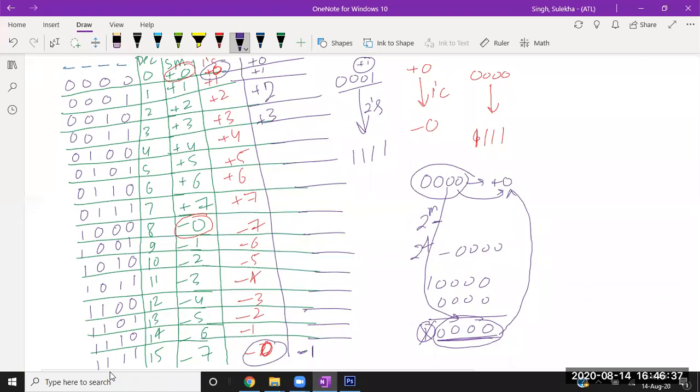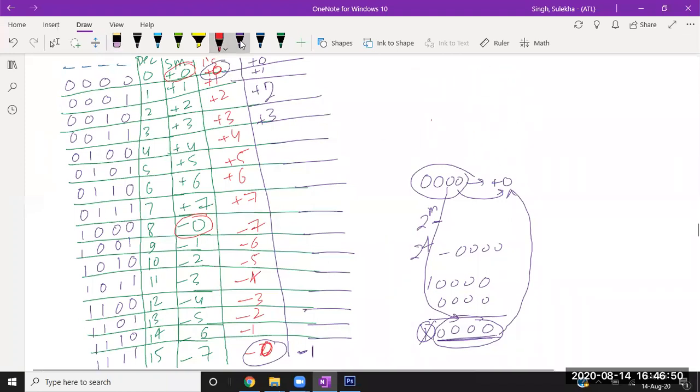Okay. Similarly, if you take the 2's complement of plus 2, which is 0, 0, 1, 0, it will become 1, 1, 1, 0.